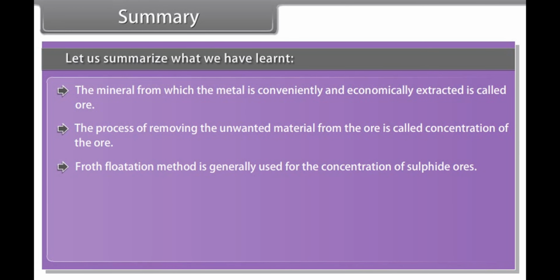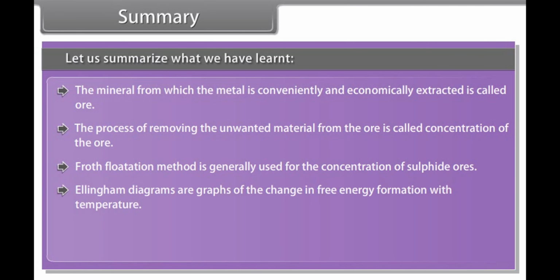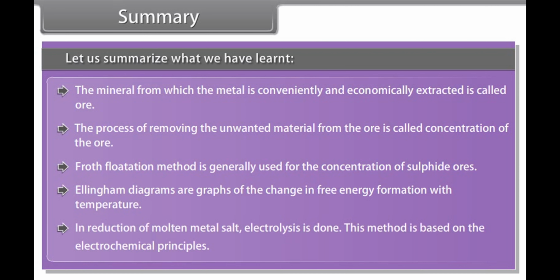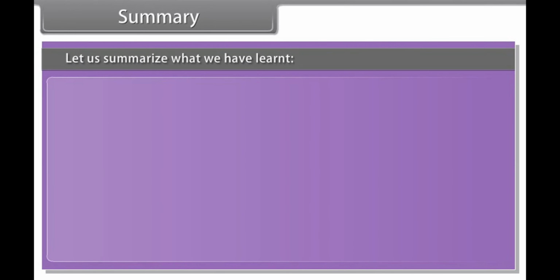Froth flotation method is generally used for the concentration of sulfide ores. Ellingham diagrams are graphs of the change in the free energy of formation with temperature. In reduction of molten metal salt, electrolysis is done. This method is based on the electrochemical principles.